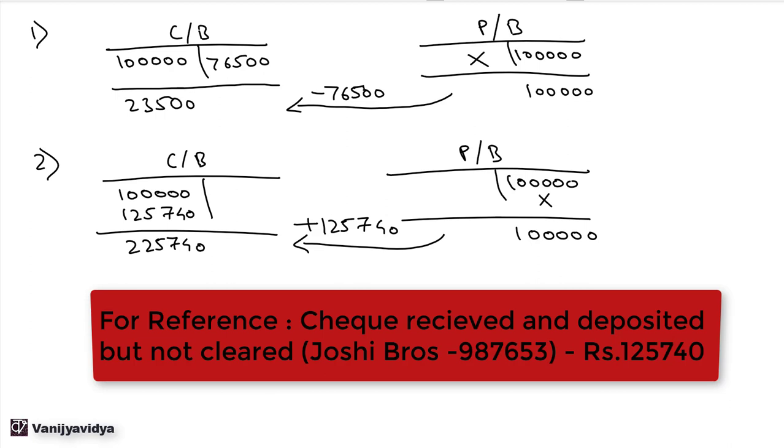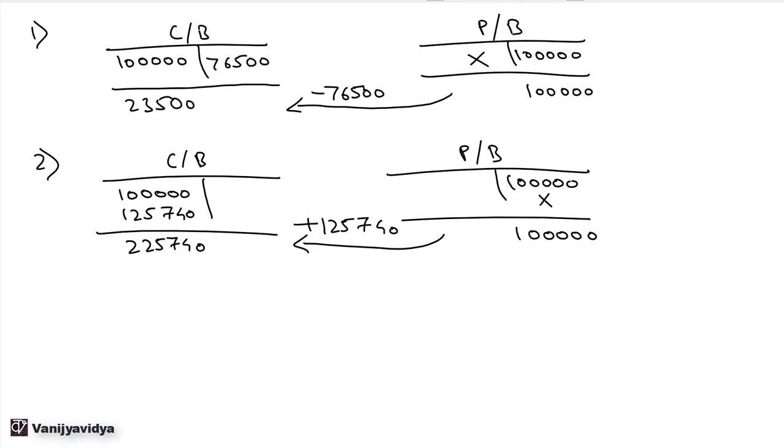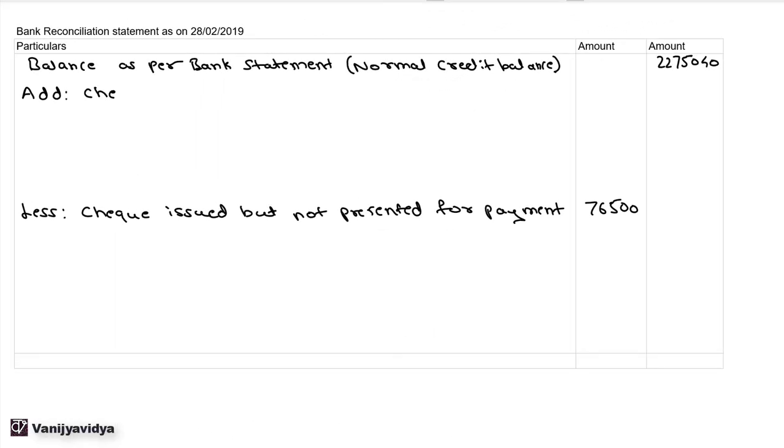Now since we are moving from passbook to cash book, we have to add 1,25,740 in the bank reconciliation statement. Let's do this. Add: check deposited but not cleared, 1,25,740.